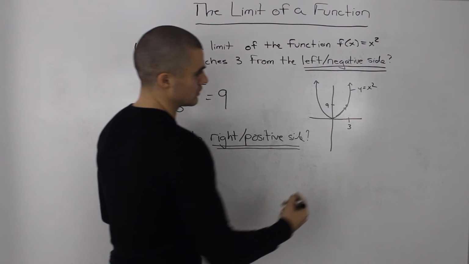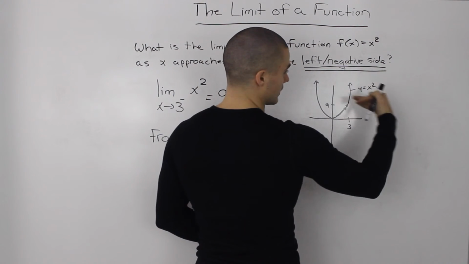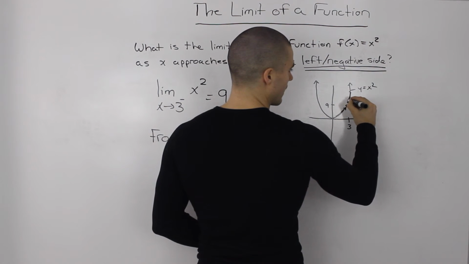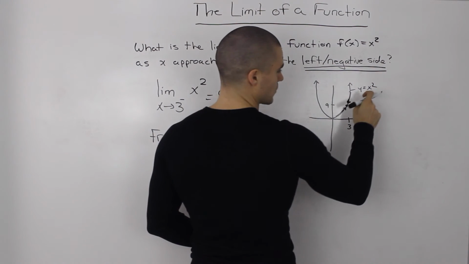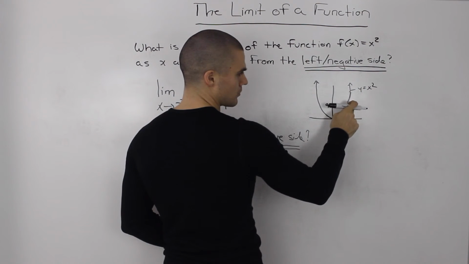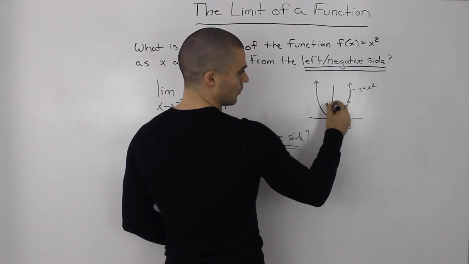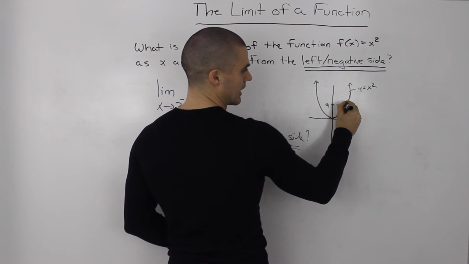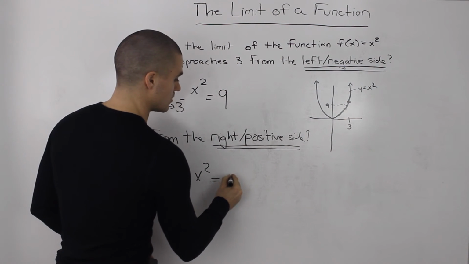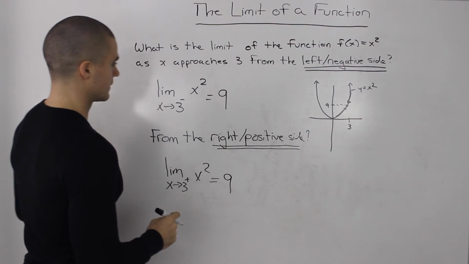And on the graph, you would approach 3 from the positive or the right side. So what y value is x squared approaching as we approach the x value of 3 from the right side, well, it's still approaching 9, right? So the answer to this question is also 9.